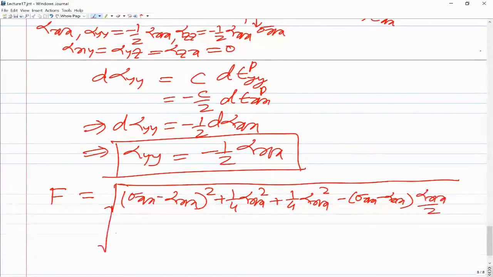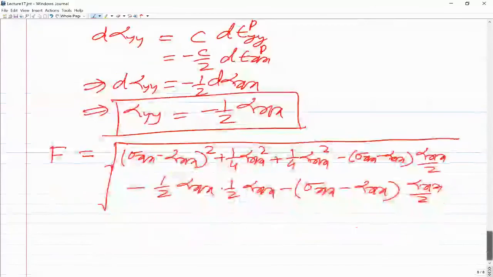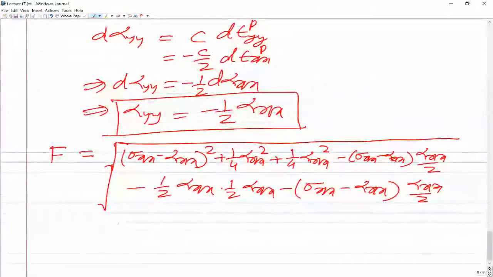The other terms are going to be minus sigma yy minus alpha yy, so that will be minus half of alpha xx into half of alpha xx, and minus the third term, sigma xx minus alpha xx into alpha xx by 2. So for the uniaxial loading case you can write your yield function, and outside the square root sign we will have minus sigma y naught.